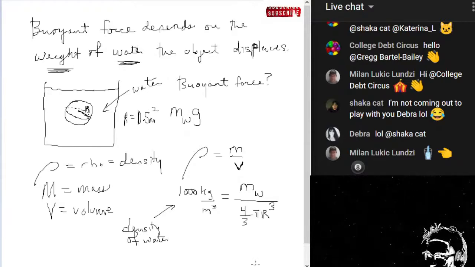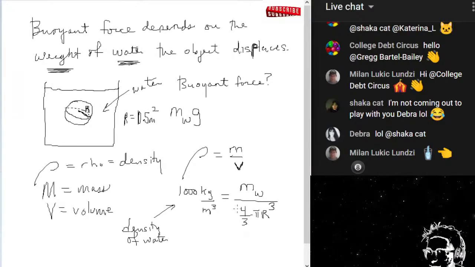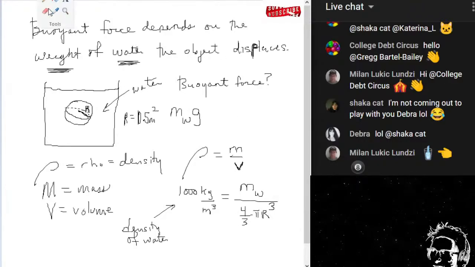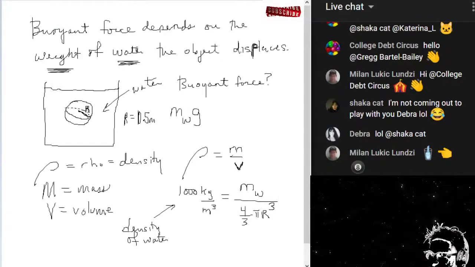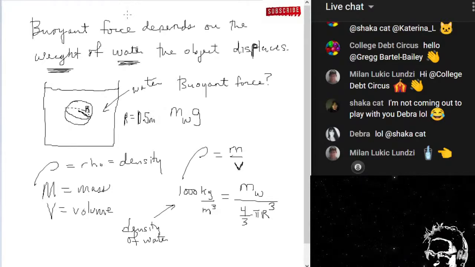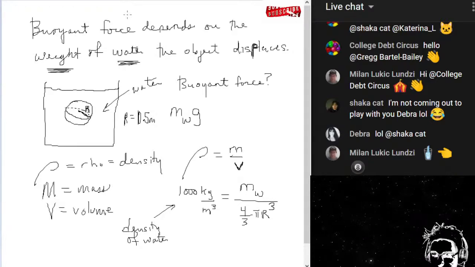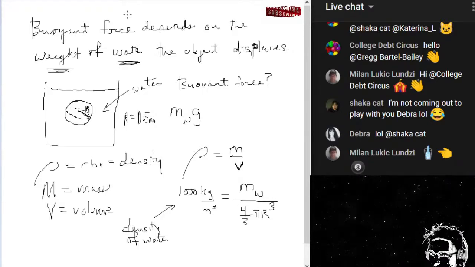So we plug that in: 4/3 times 3.14 times 0.5 cubed is 0.52.